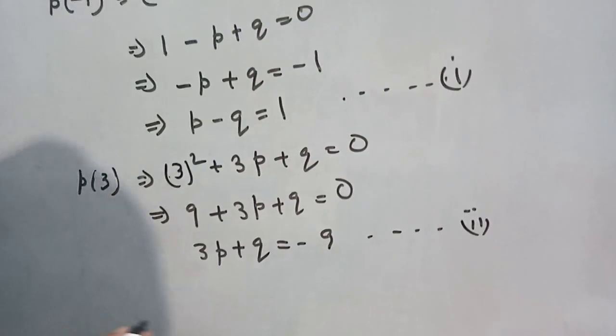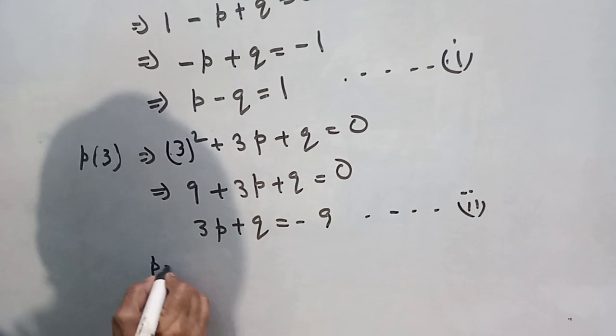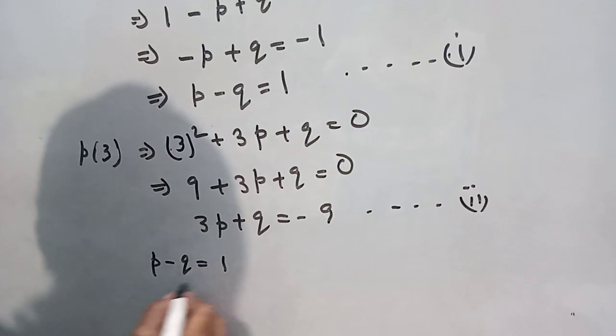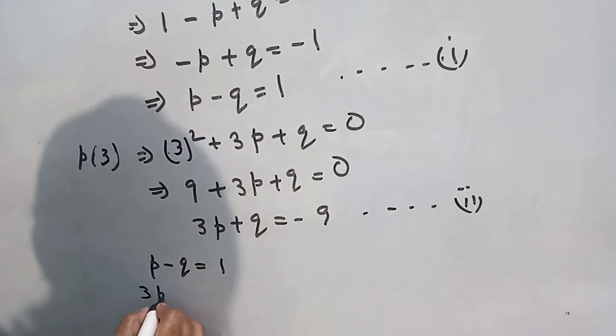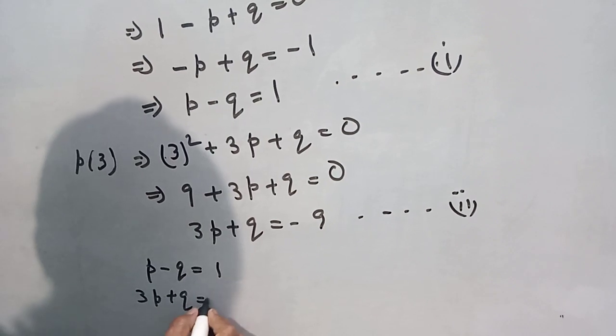Now solve 1 and 2. p minus q is equal to 1 and 3p plus q is equal to minus 9.